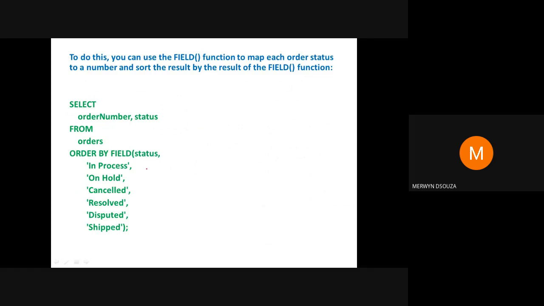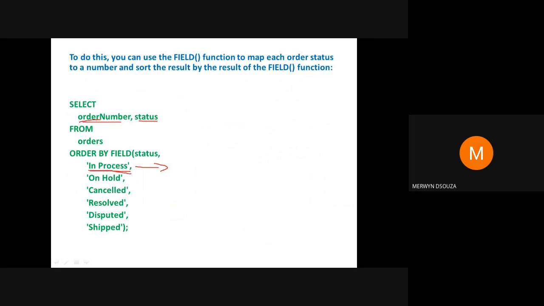I want all the order numbers having the in process status to be displayed first.